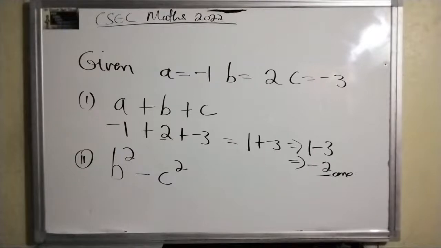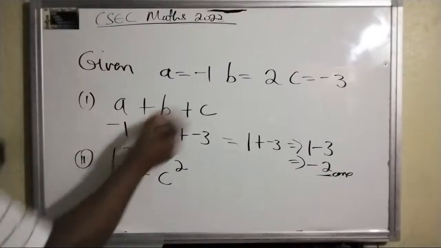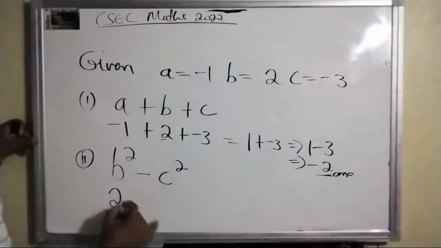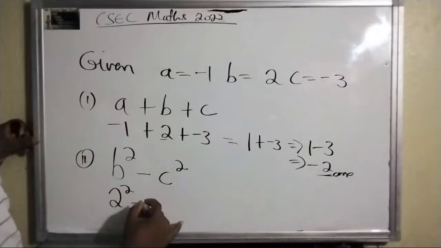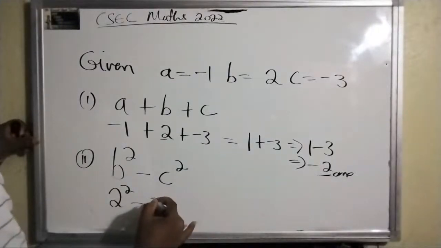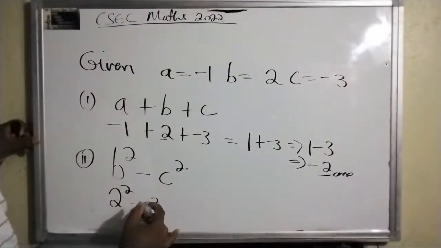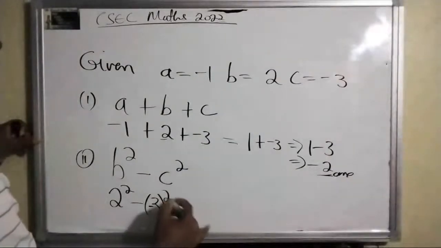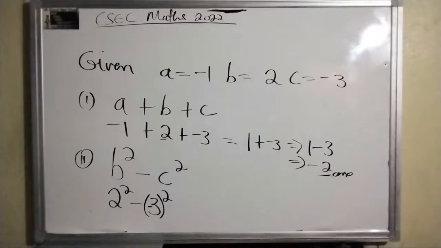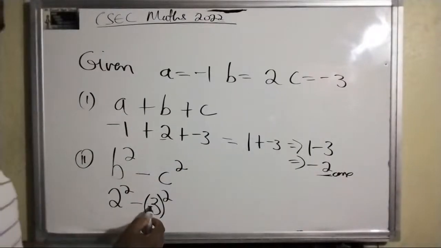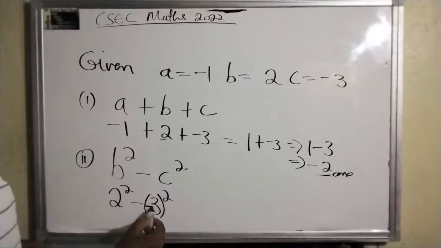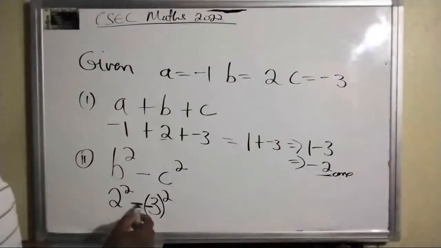Alright, this one says b squared minus c squared. Remember, c is -3, so we're gonna square -3. Alright, very important. This is -3, right? But any number squared, we will get positive.